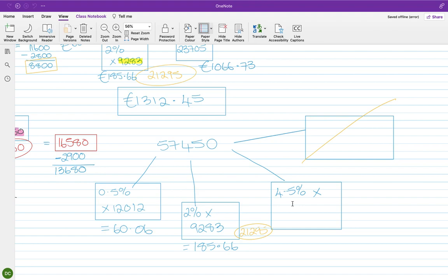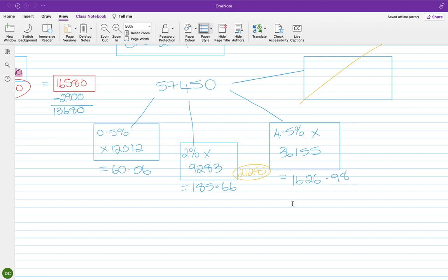So 57,450 minus 21,295, and we get 36,155, which we multiply by 4.5% to get, and I'm rounding this, 1,626.98. Add them up. So 1,626.98 plus 185.66 plus 60.06. And that gives Owen a total of 1,872.70.